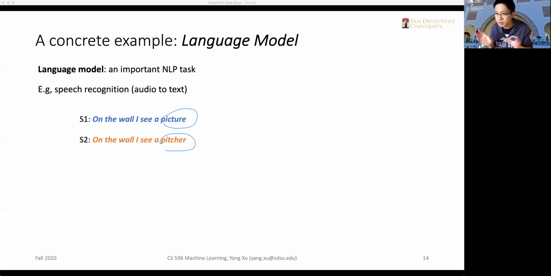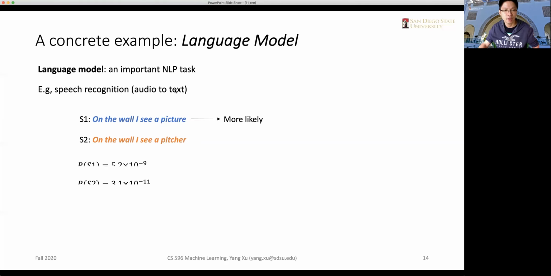We will need to use a language model to tell the speech recognizer that, okay, in this case, the first picture is more likely, because I have heard "on the wall, I see a" before the sound. So that's why I think picture is more likely to be the next one. That is basically what the language model can achieve, okay?